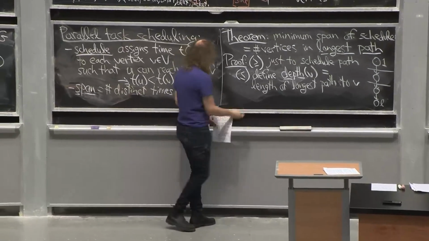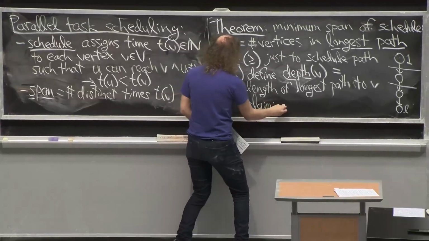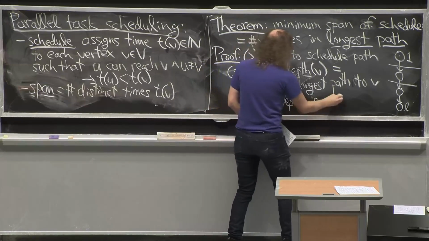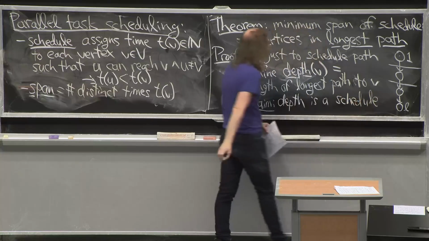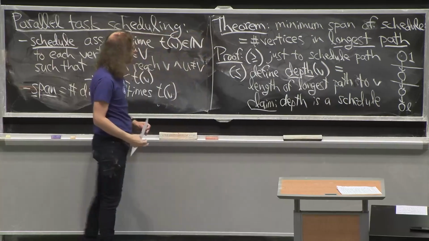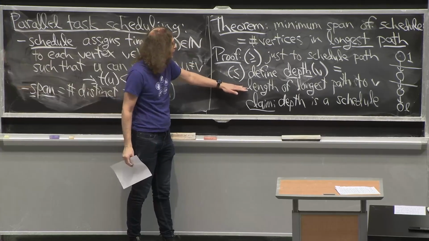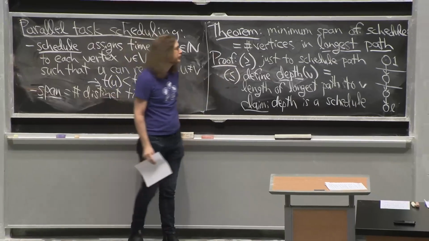So I claim that depth is a schedule, and that it has the right span. Because depth assigns a natural number, 0, 1, 2, whatever, to every vertex. And I claim that it is a valid schedule.